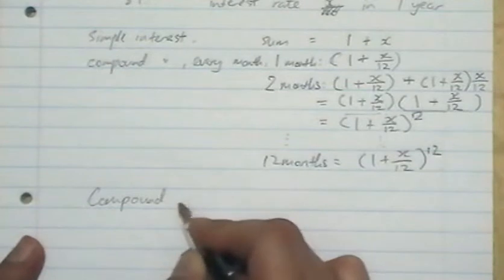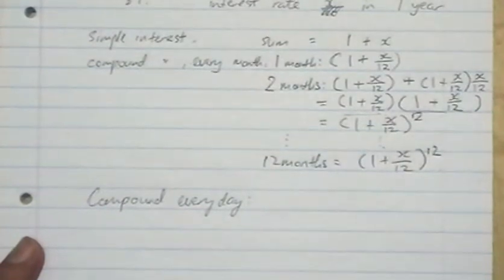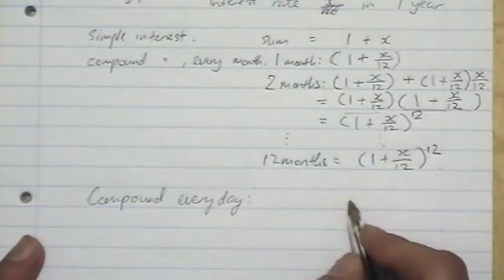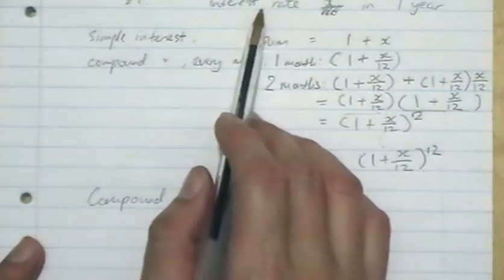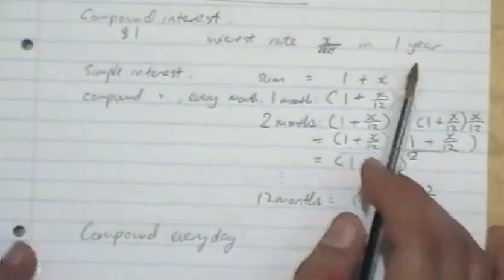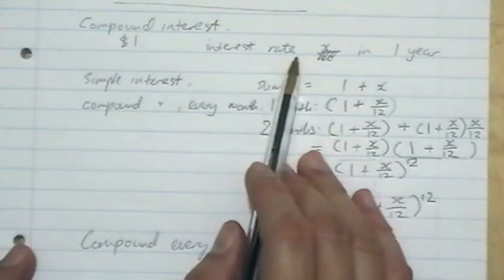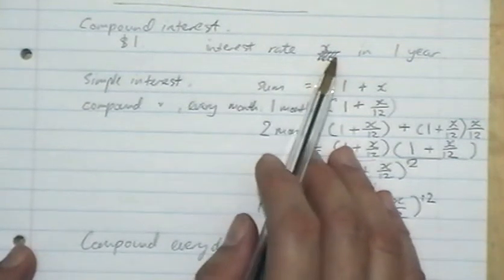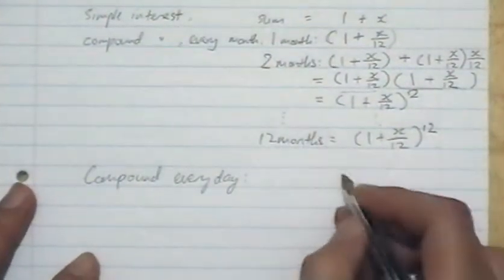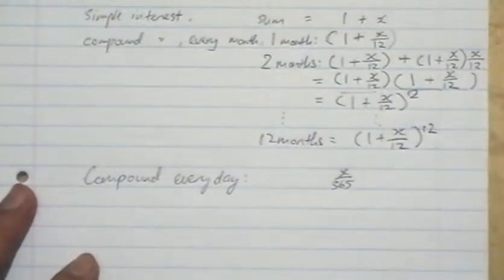Now, if we do it every day, then the interest rate for 1 year, interest rate x, has to be divided by the number of days in a year to find the interest after 1 day. So in this case, the interest rate for 1 day is x over 365.